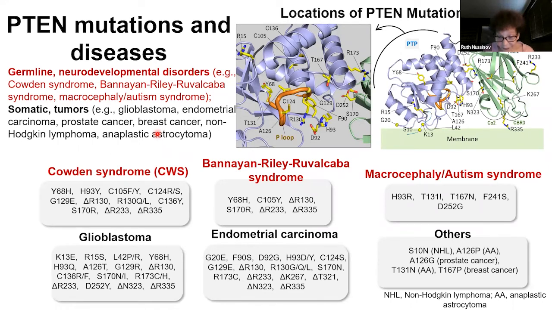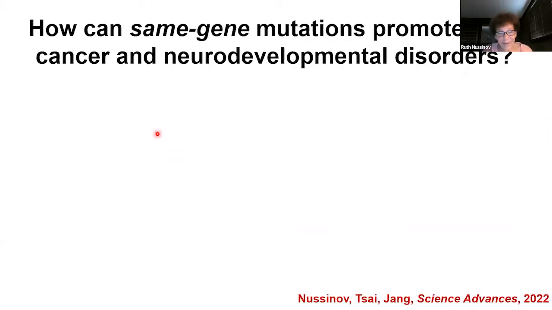So, of course, we always want to understand why and how. So we asked ourselves, how can same gene mutations and sometimes the same mutations promote both cancer and neurodevelopmental disorders? We know the phenotypes are very different between, consider cancer versus autism.